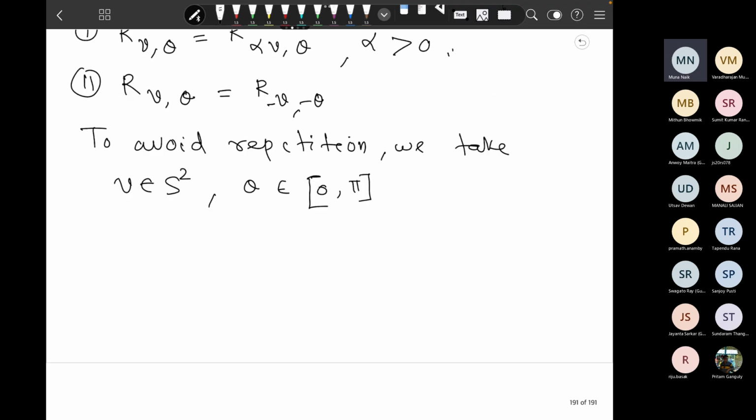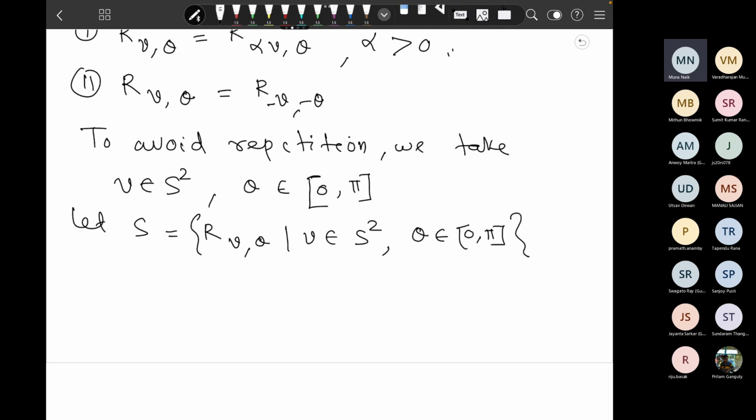Okay, so let us write a phase space then. Let S be the collection of R(b, theta), where b belongs to S2, so norm of b is 1, and theta belongs to 0 to pi.